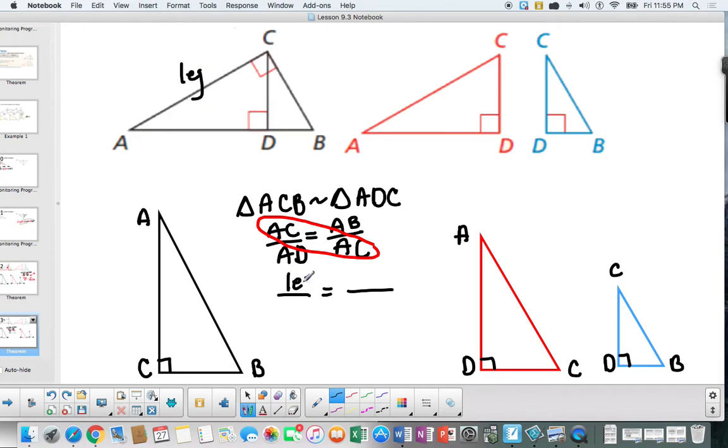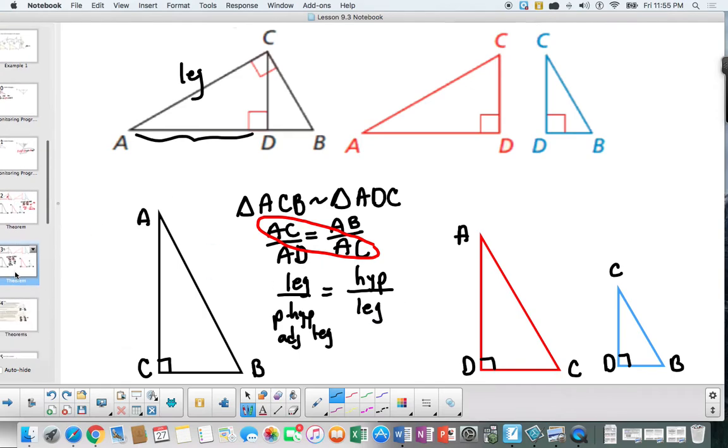So the leg is the geometric mean. It's along the same diagonal between AD, and AD seems to be part of the hypotenuse. And there's two parts, this one and this one. I'm going to call this a part of the hypotenuse adjacent to the leg. And then AB up here is the hypotenuse. So we have another proportion happening. It's called a geometric mean.